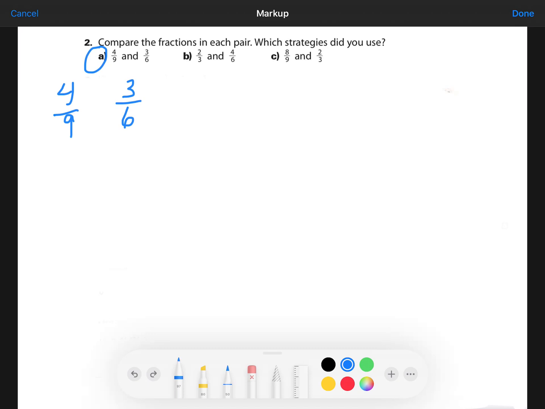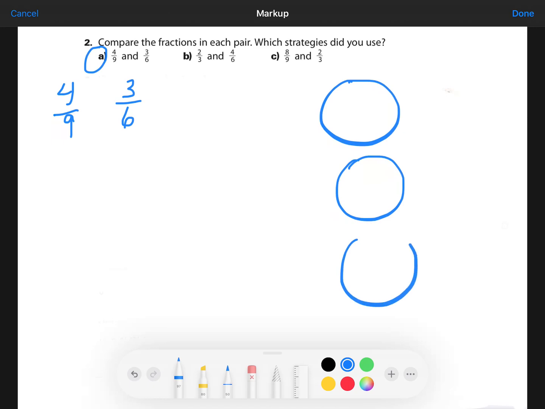Okay, now before we start the number line, I am going to talk a little bit about the pie graphs or the circle graphs, because this is connected to something that we did in class. I want to talk about how you can start with thirds and create sixths and create ninths. So this would be thirds.